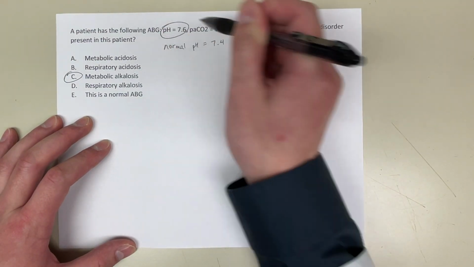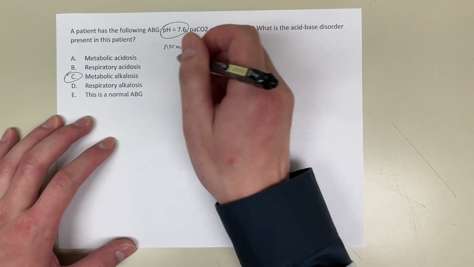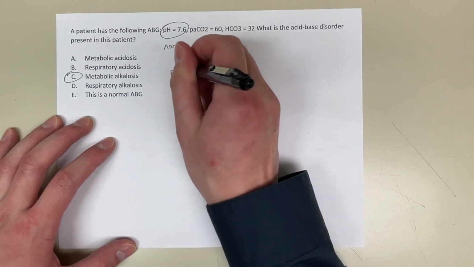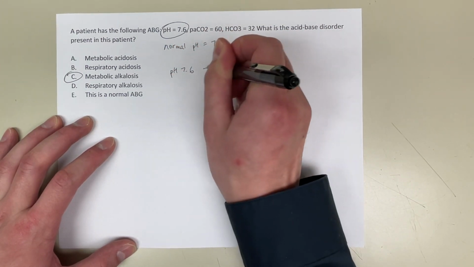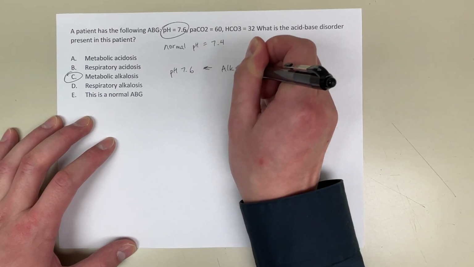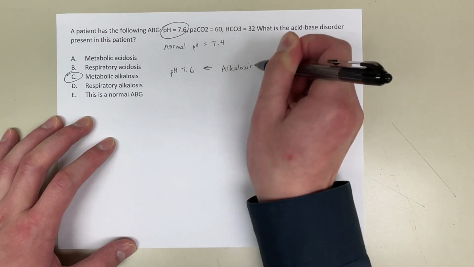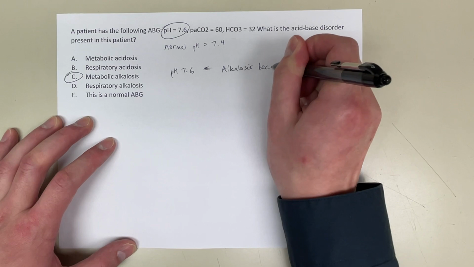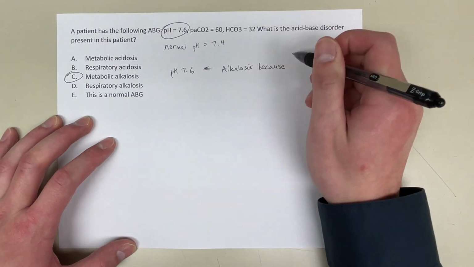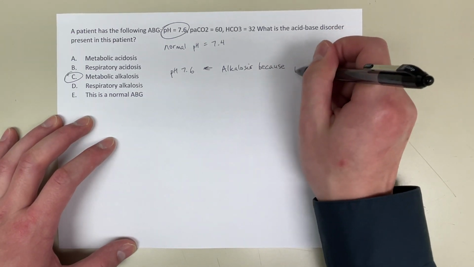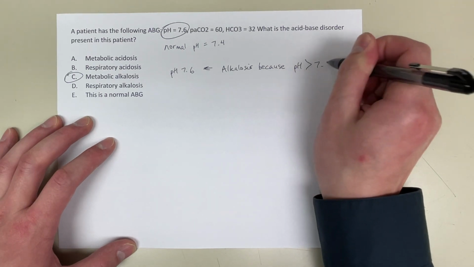And so since this pH is higher than 7.4, I know it's alkalosis, because pH is greater than 7.4.